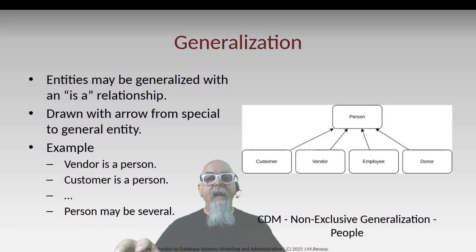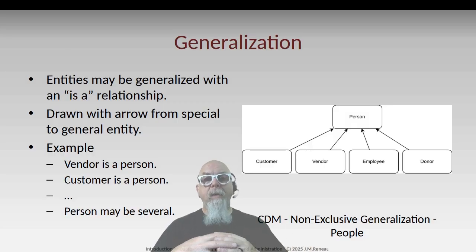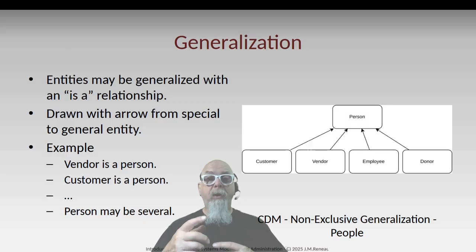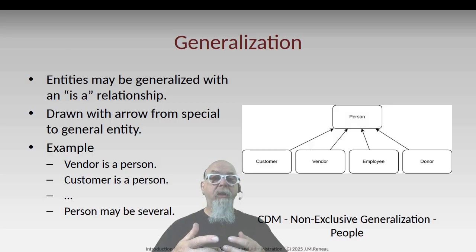Generalization is another type of relationship beside the binary, unary, and ternary relationship. Generalization represents an is a relationship. And we can see in our diagram here that a customer is a person, a vendor is a person, an employee is a person, and a donor, maybe we're modeling a nonprofit, a donor is a person.